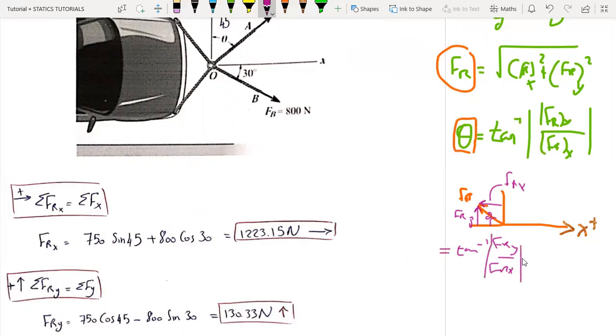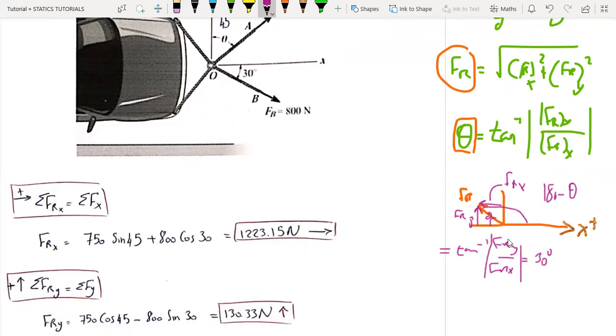So let's say it is 30 degrees, but what will be the angle with the positive x-axis? It will be 180 minus theta.